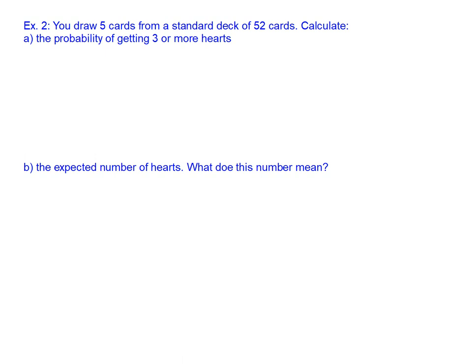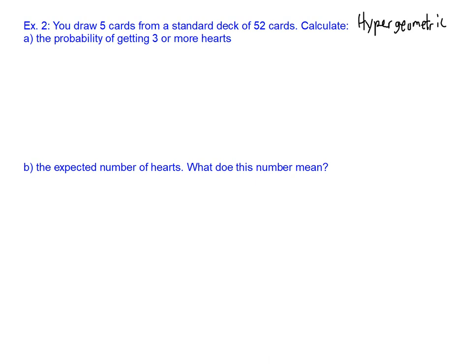So in this case, we're drawing 5 cards from a deck of cards, and we want to know the probability of getting 3 or more hearts. So we're going to draw a card. We're not replacing it back into the deck. So in this case, these are trials that are dependent. So this is a situation where we're using a hypergeometric distribution. And we want to know the probability of getting 3 or more hearts.